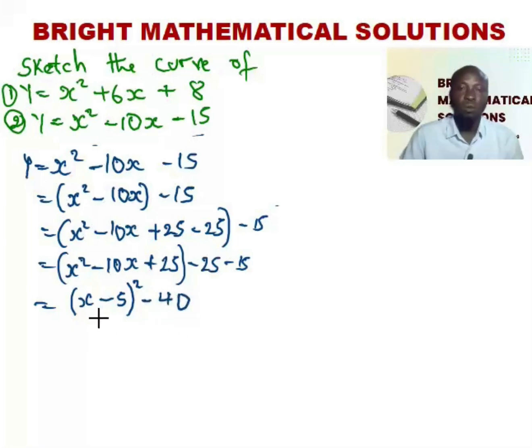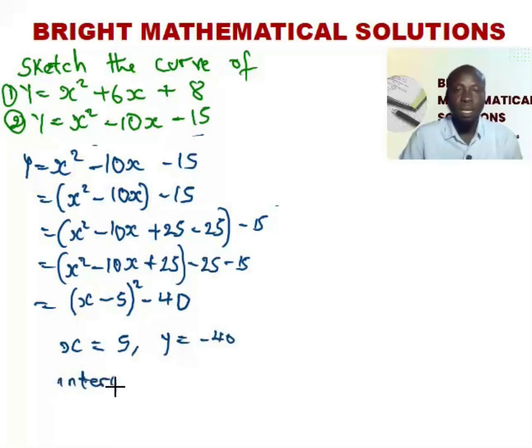Now we've been able to resolve this as a perfect square, such that our x is 5, our y is minus 40, and our intercept is minus 15. Those are the three factors that determine the way the graph will look.